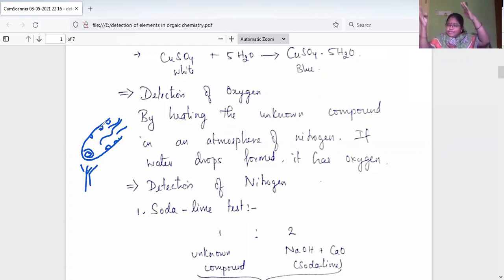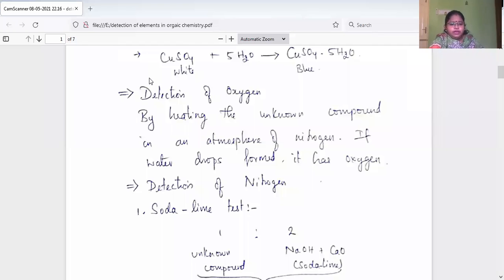So if you can see water droplets on the sides of the test tube, that means it has oxygen in it, because water has oxygen in it. So this is how you can do it. But other than that, there is no exact method to find oxygen.